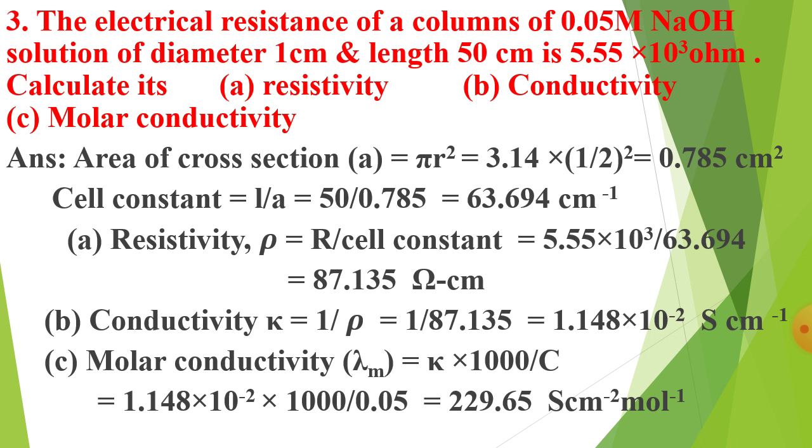Now for molar conductivity, that is lambda m. Here lambda should be not like this. So two types of lambda are there, one with a peak, and one without a peak.